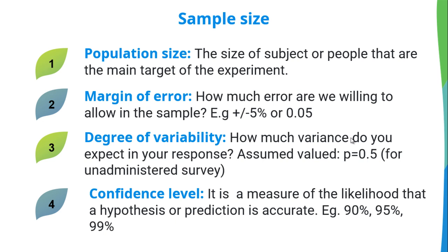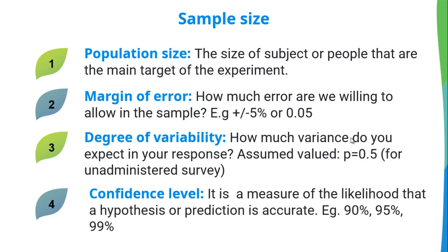There are 4 things that you look at when you are dealing with sample size. You look at the population size itself, the size of subjects or people that are the main target of the experiment, which I gave an example of in the previous slides.